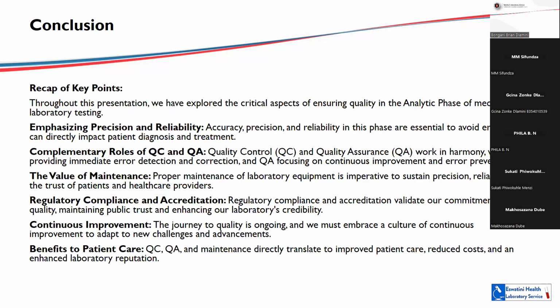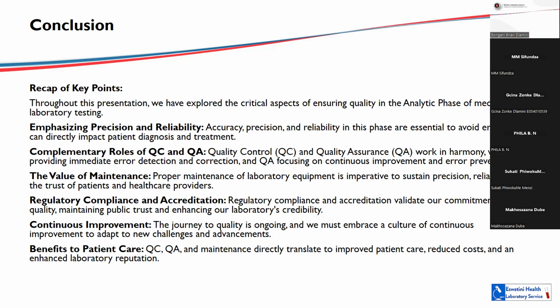Okay, as we conclude, let's highlight some points that we have mentioned above. Emphasizing precision and reliability: accuracy, precision, and reliability in the analytical phase are very important to avoid errors that can directly impact patient diagnosis and treatment.